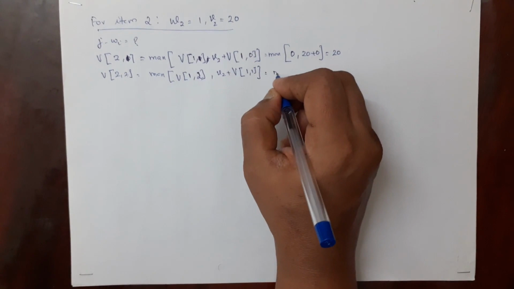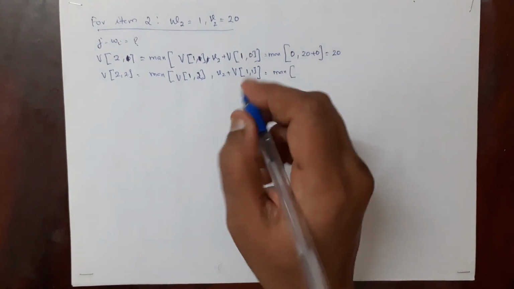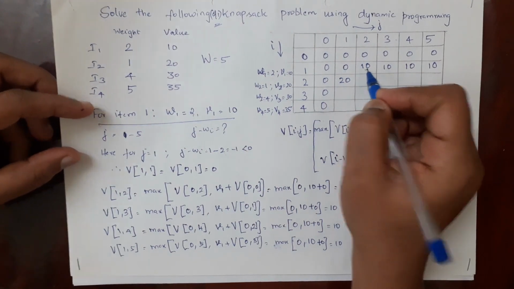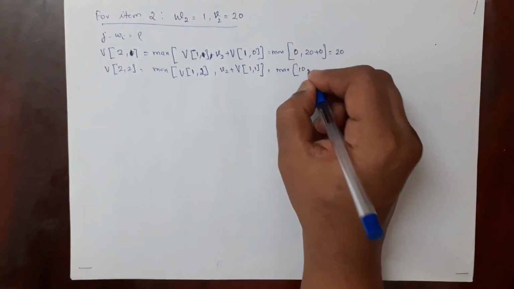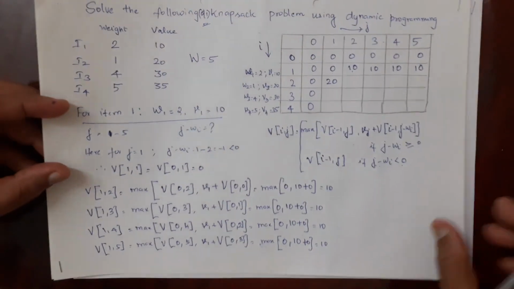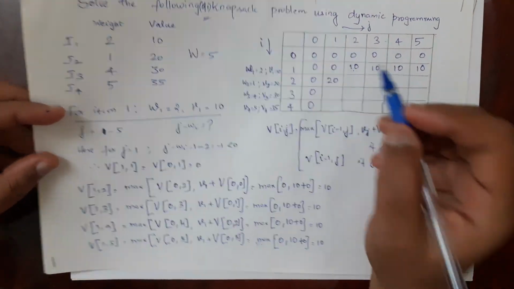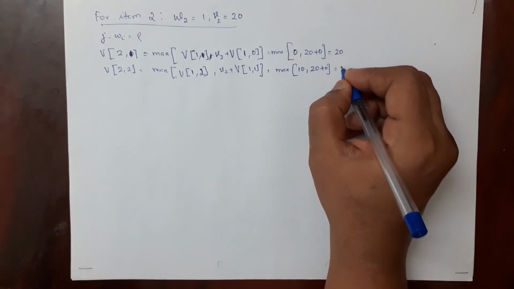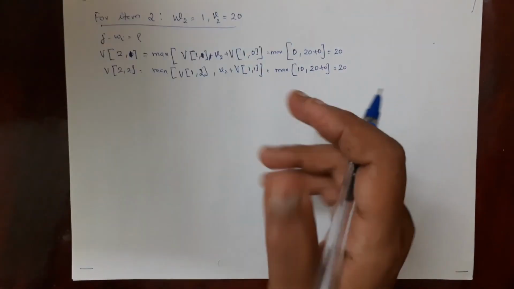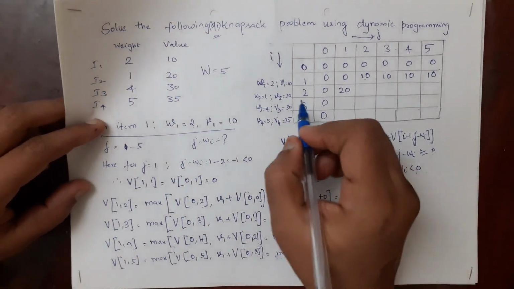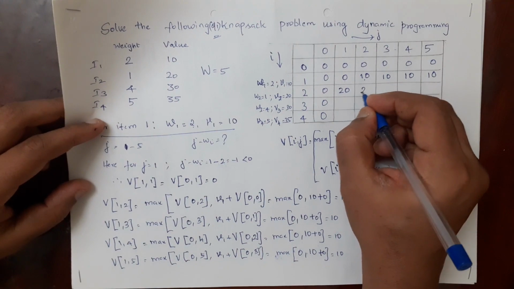Maximum of 1 comma 2, we have 10 comma the value of this item 20 plus 1 comma 1. What is 1 comma 1? 1 comma 1 is 0. So which one is maximum? 20. That is, 2 comma 2 is 20.